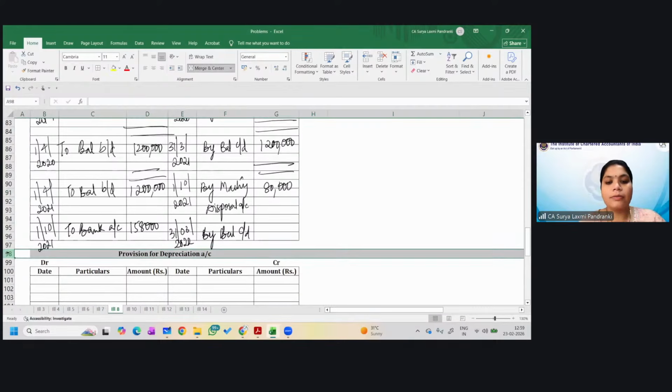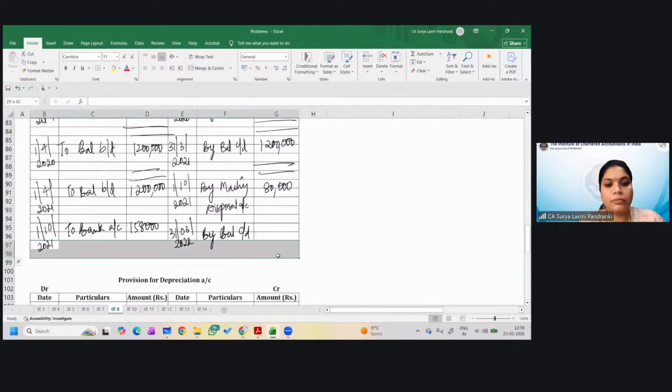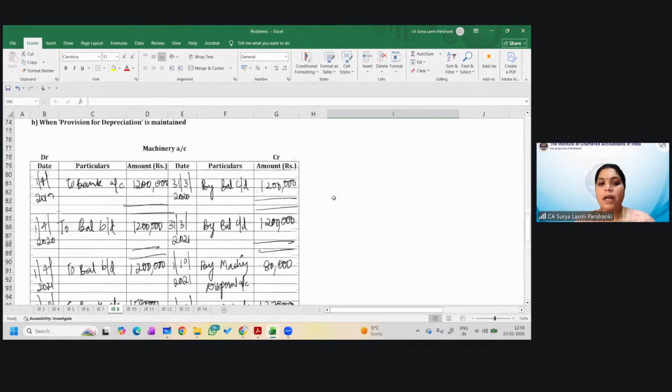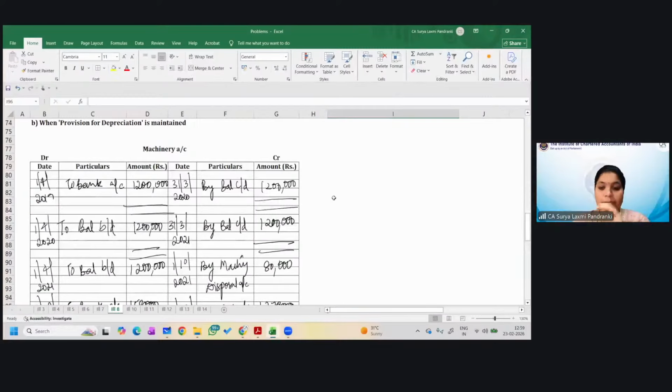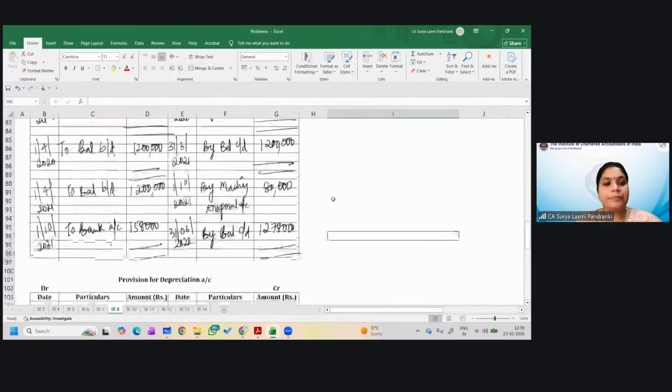Quickly calculate this. $12,78,000. Okay. This is clear? So what did we do in this machinery account? If provision for depreciation account is maintained, in machinery account, only costs have to be recorded. Whatever it might be, only cost will be recorded in that, right?